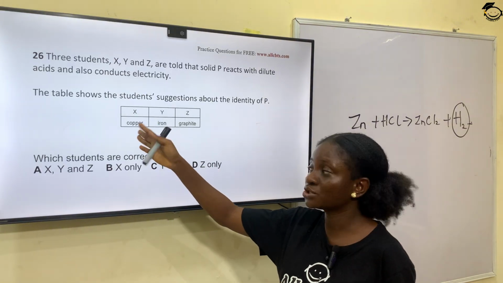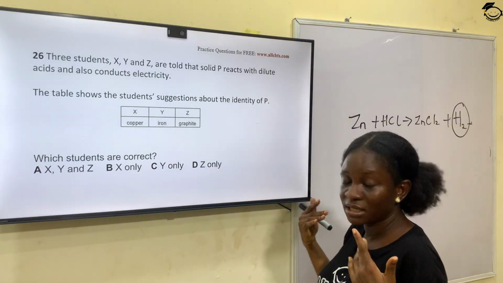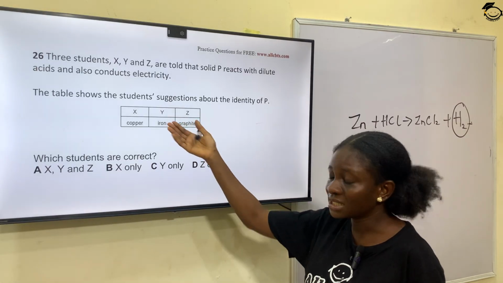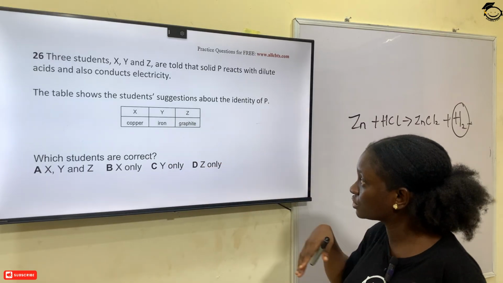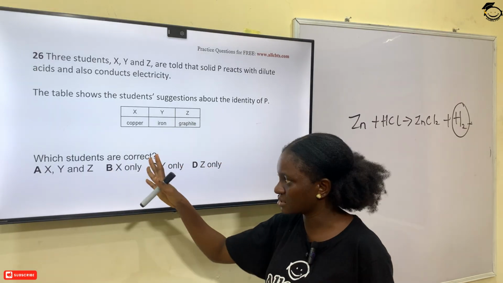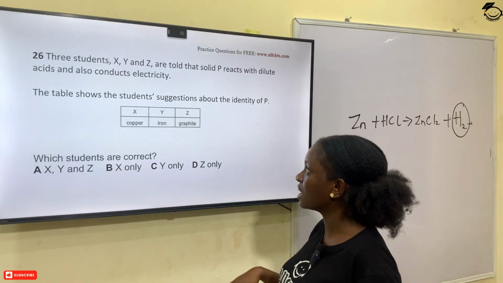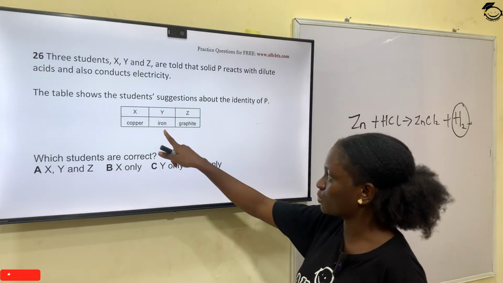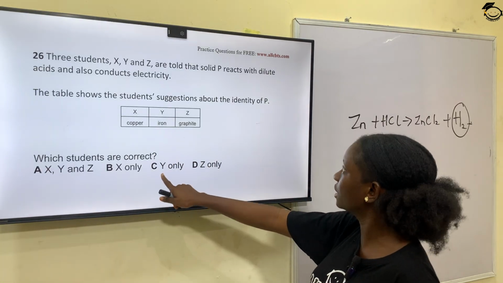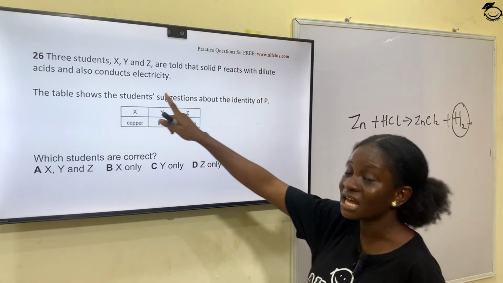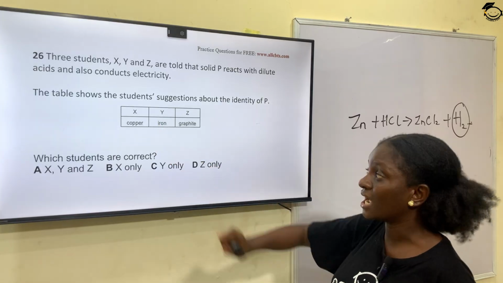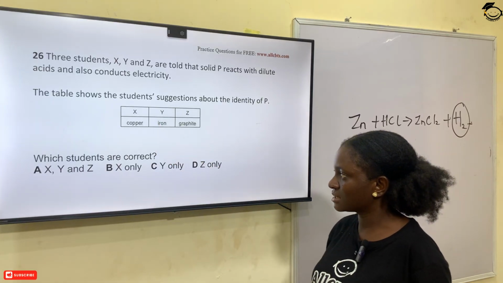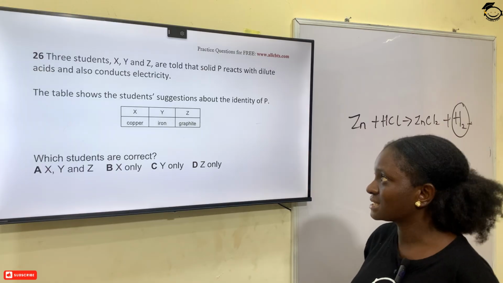X suggested copper, Y suggested iron, Z suggested graphite. So which student is correct among the three students? So the correct answer is Y only. Option C. It's only Y that can react with acid and also conduct electricity, which is iron. Iron obeys that statement. Option C is the correct answer.